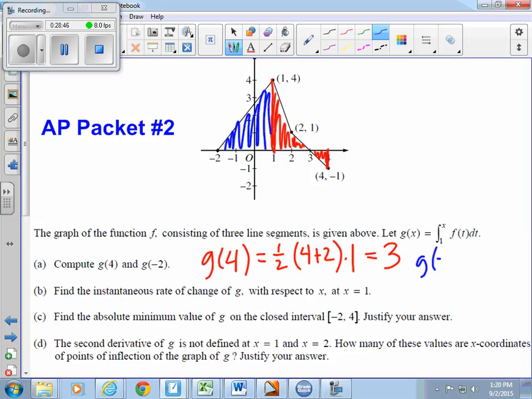So g of -2 is the integral from 1 to -2 of f of t. That's just a triangle, right? Base of 3, height of 4. That gives 6.